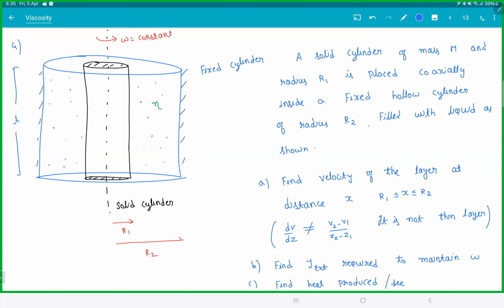But this guy is just rotating with constant omega in one direction. How do we proceed?